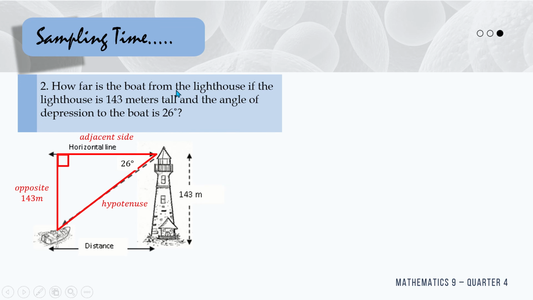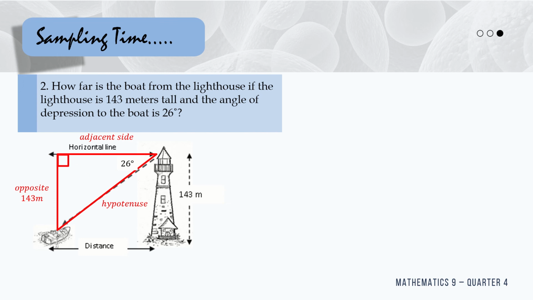At the same time, the adjacent side, or the horizontal line, is another parallel side to the distance between the boat and the foot of the lighthouse. That distance is the same length as the adjacent side.